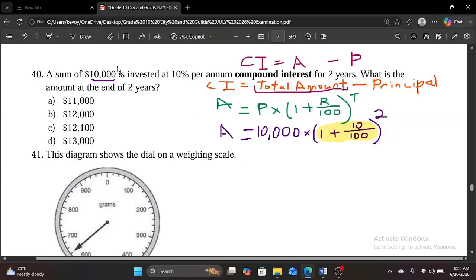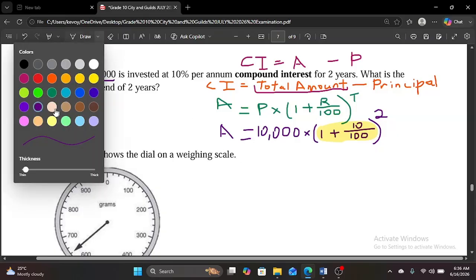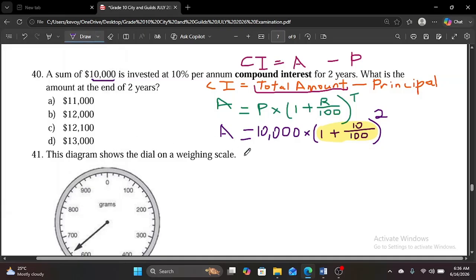So A is equal to 10,000 multiplied by 1 plus 10 divided by 100, which equals 0.10, and we're going to raise this to the second power.